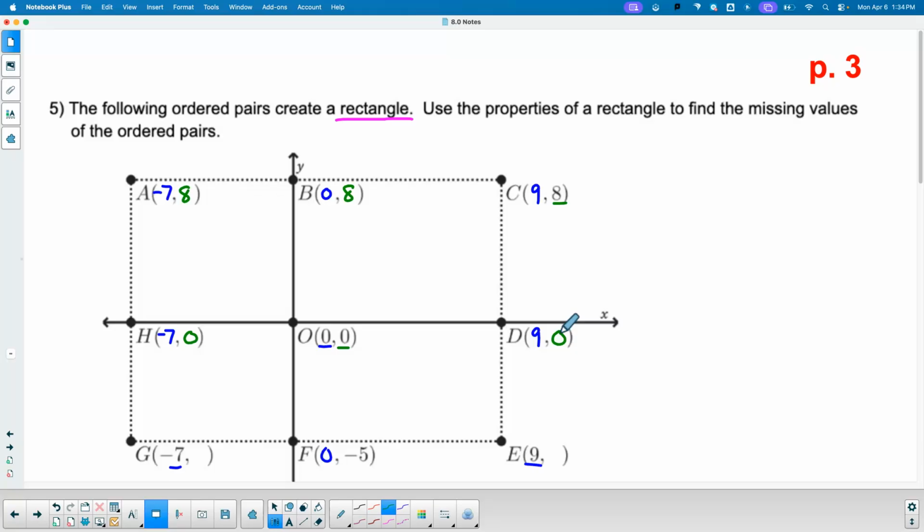What about the y values for G, F, and E? All -5. Okay.